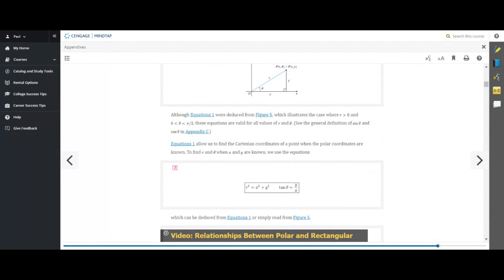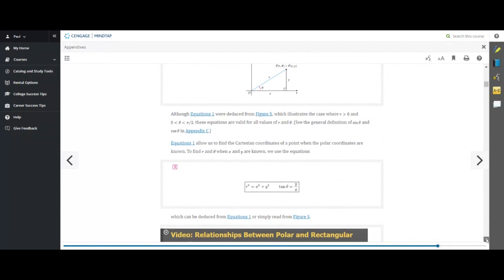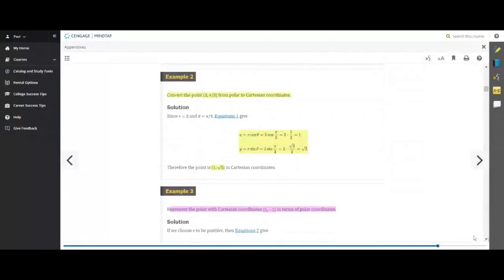So for example, if you wanted to convert the point 2, pi over 3 from polar to Cartesian coordinates, well, x equals r cosine theta and y equals r sine theta. So x would be 1 and y would be root 3. Therefore, that polar coordinate has Cartesian coordinates 1 and root 3.